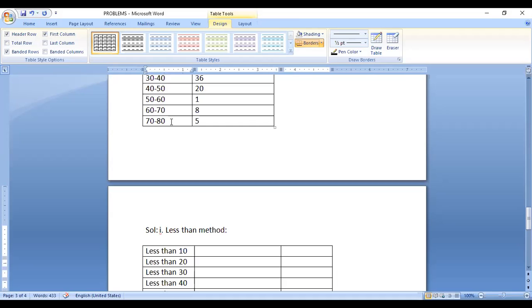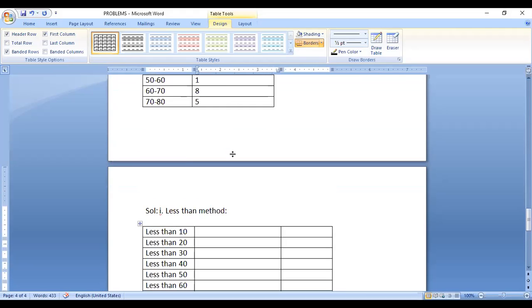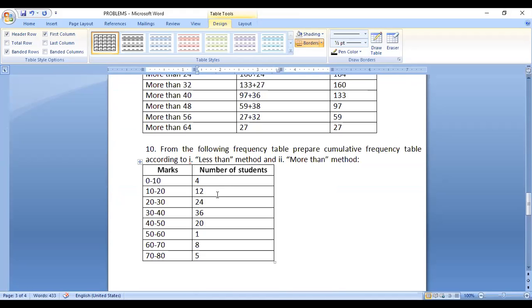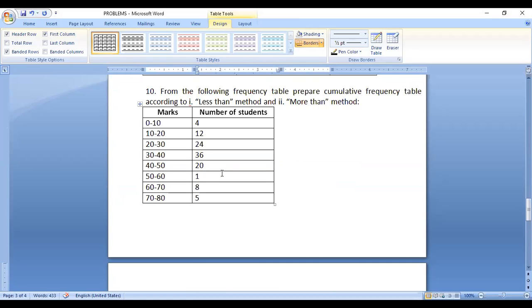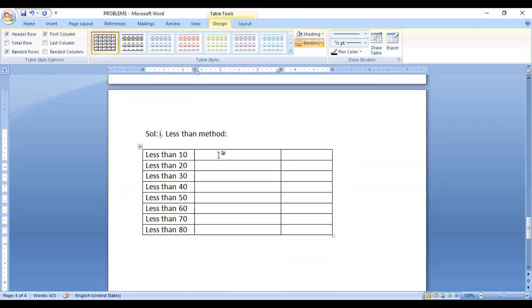See, the maximum upper limit is 80, so less than 80 will be the final one. Now here what you have to do is, in less than frequency, if you want to find the less than method, right from top you have to go on adding.